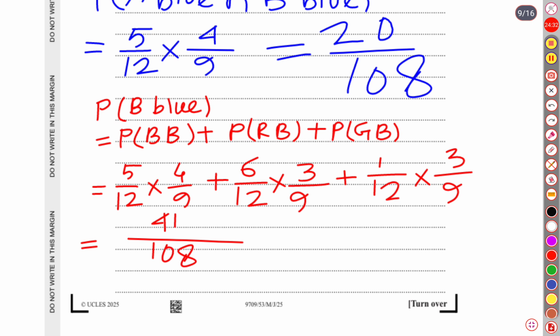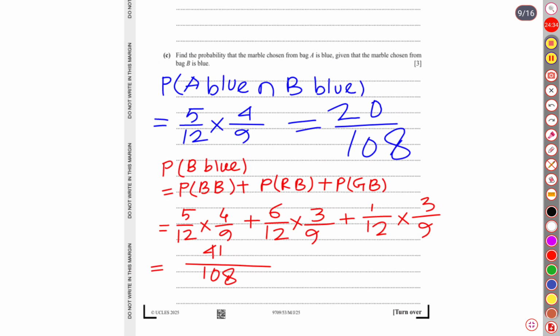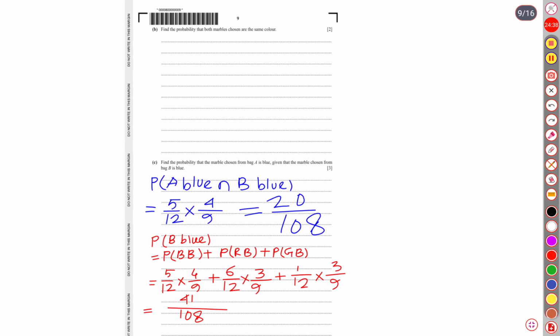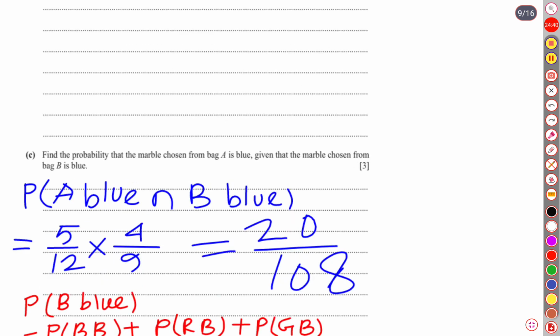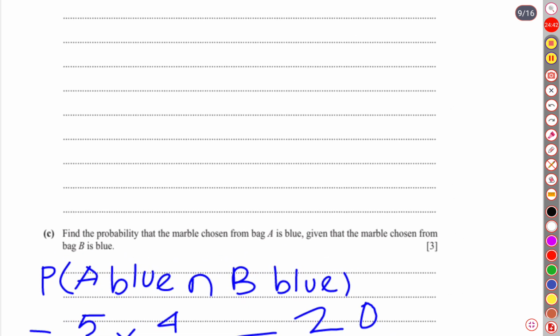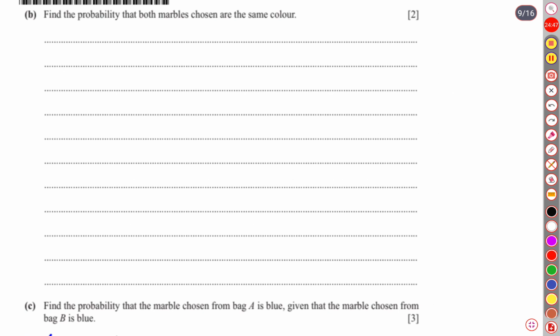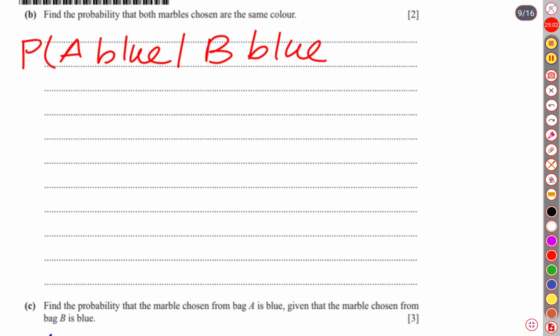Now we are going to write the final part of the answer, which is the probability of the condition. The question is the probability that from bag A it is blue, given that from bag B it is also blue.